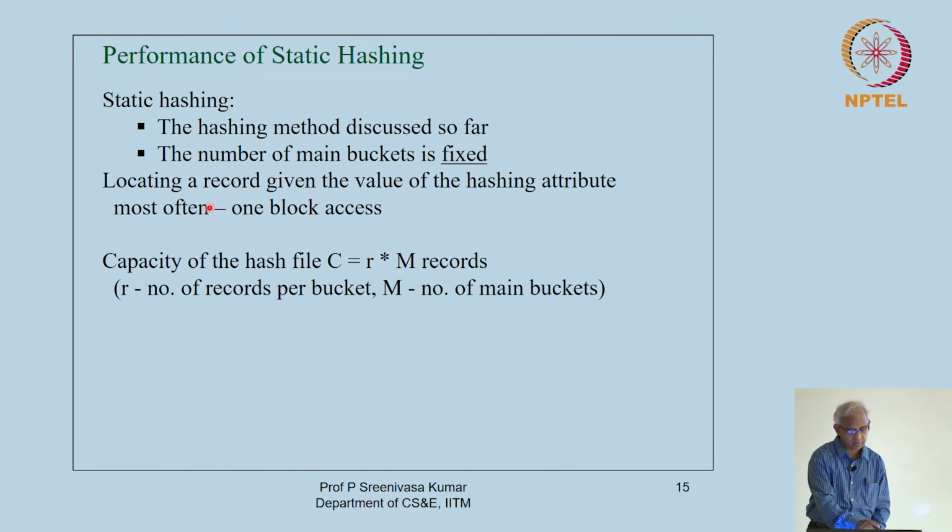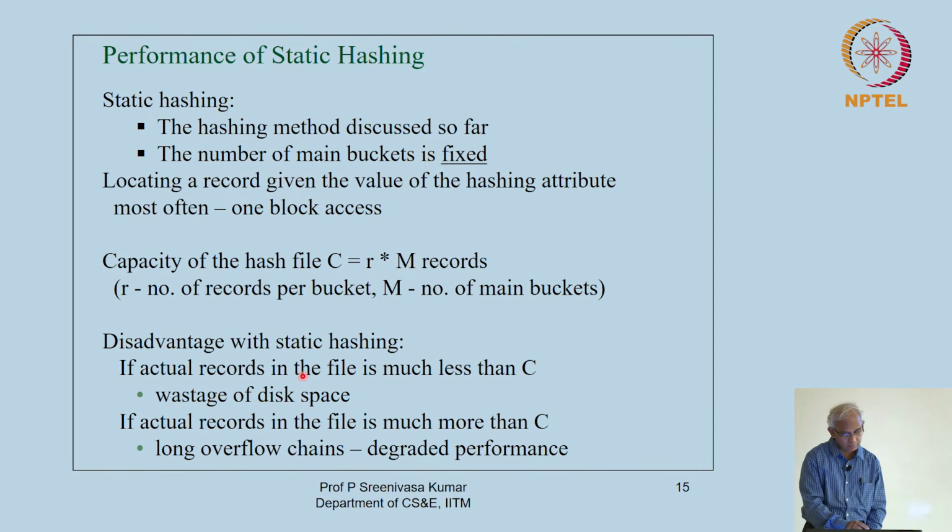The positive thing is that locating a record given the value of the hashing field most often will happen in one block access. The capacity of the hash file is this: if m is the number of main data buckets and r is the number of records per bucket, then m times r will be the capacity C of the hash file.